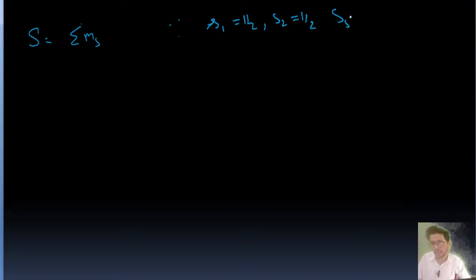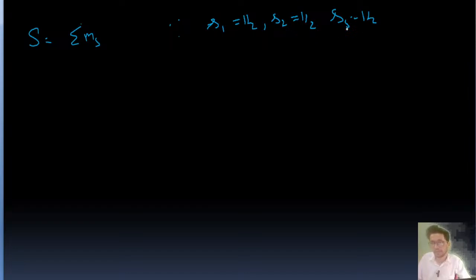Now we'll find S value. S value is sigma MS. Since we have S1, S2, S3, S1 is half, S2 is half, and S3 is half, right?